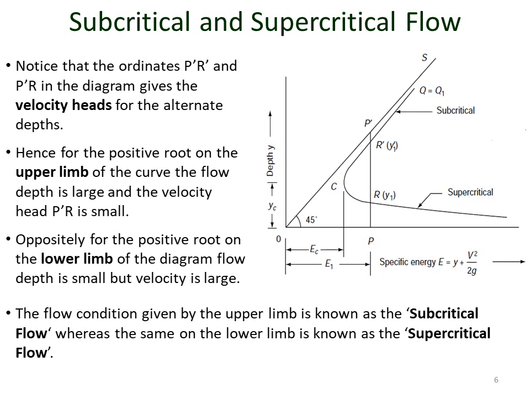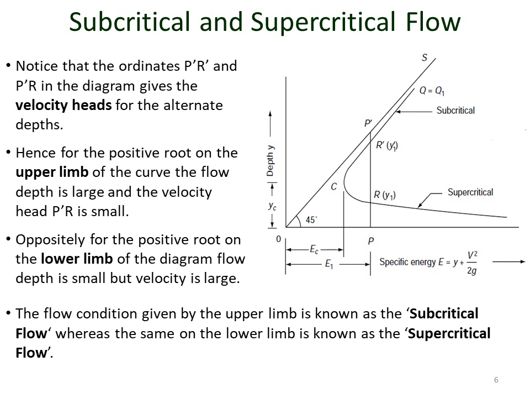So you can imagine that for the flow represented by the upper limb, the flow depth is large, whereas the flow velocity is small.